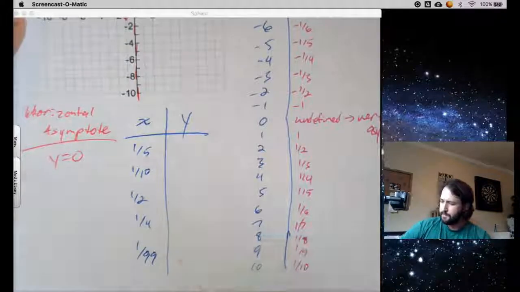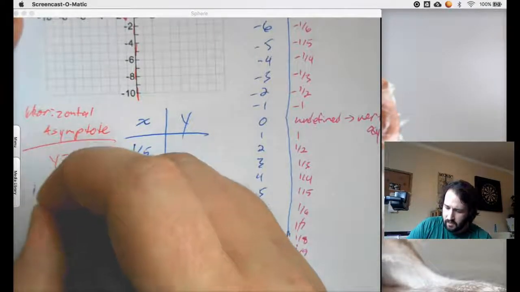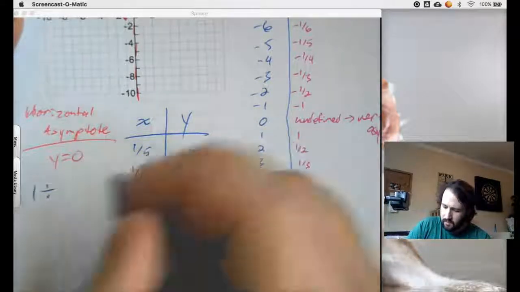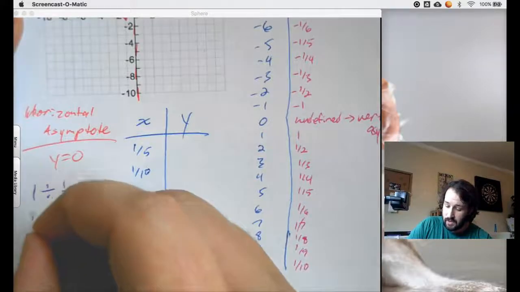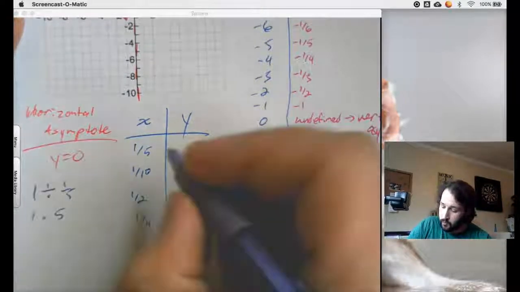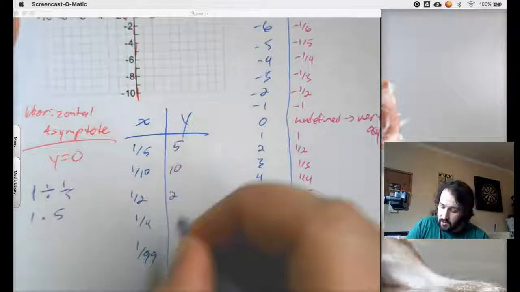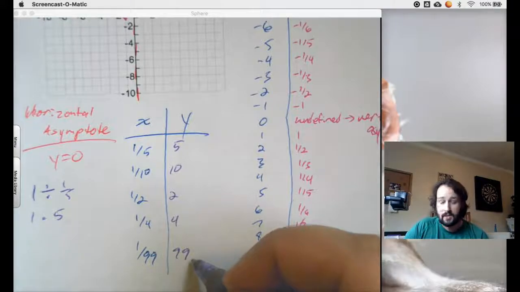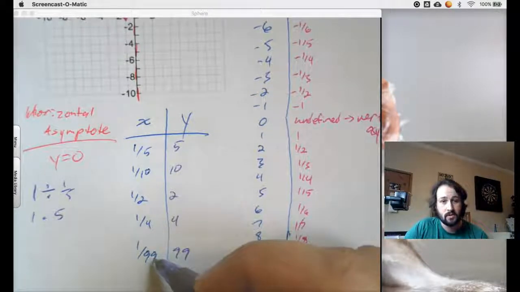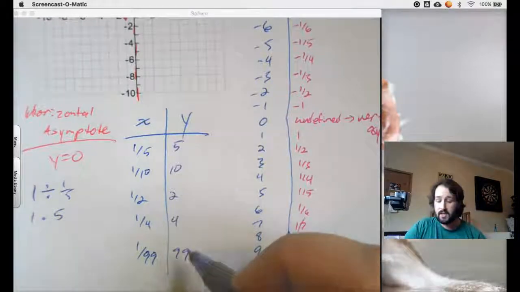So remember, when we were dividing fractions, I have 1 divided by 1/5. I was flipping the second and multiplying, right? So 1 times 5 over 1, which would just be 5. Same sort of deal here. That'll be 10, that'll be 2, 4, and 99. So that's a really big y value. As it gets super close to x equals 0, it becomes increasingly large in the y direction.